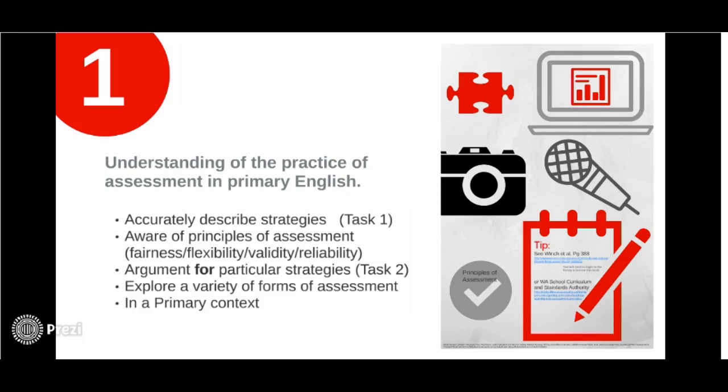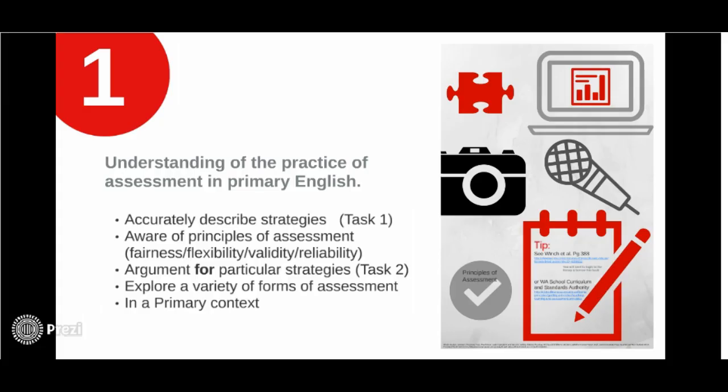Does task 2 argue affirmatively for a particular strategy, for 2 strategies? And can you explore a variety of forms of assessment? Does it relate specifically to a primary context? I've got a tip here about some ways that you can explore these principles of assessment.